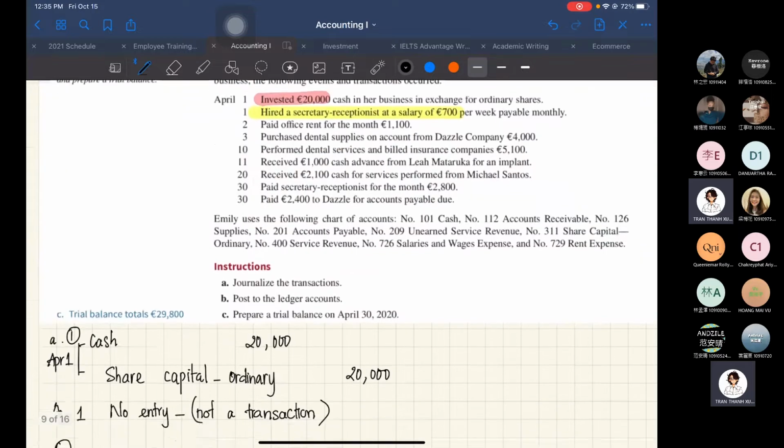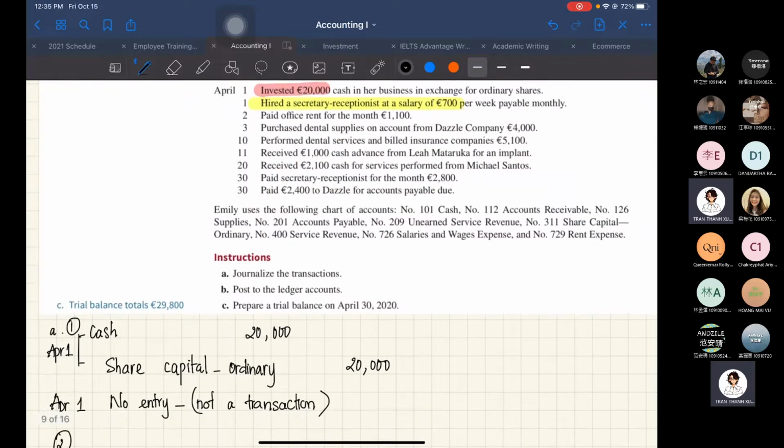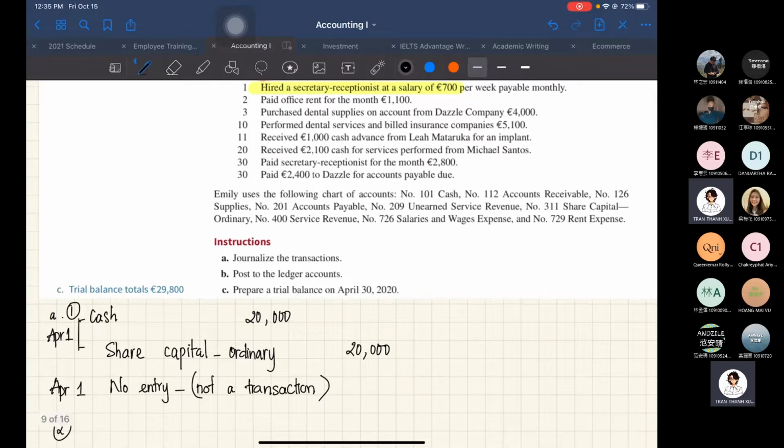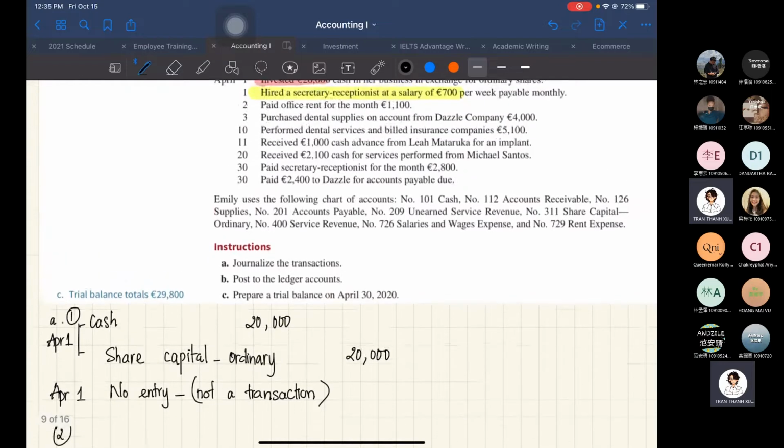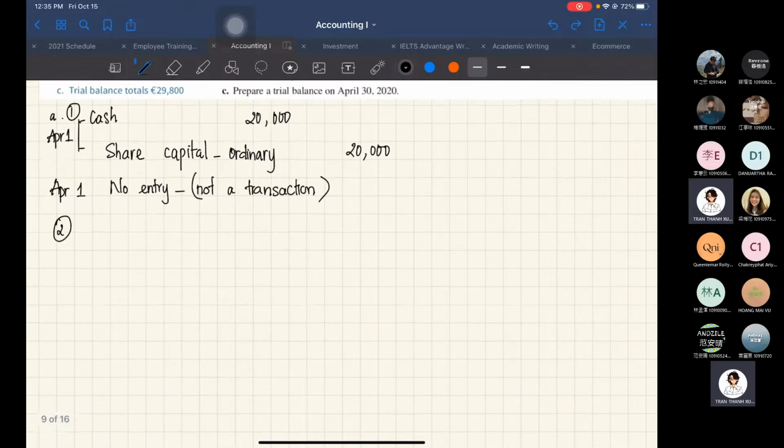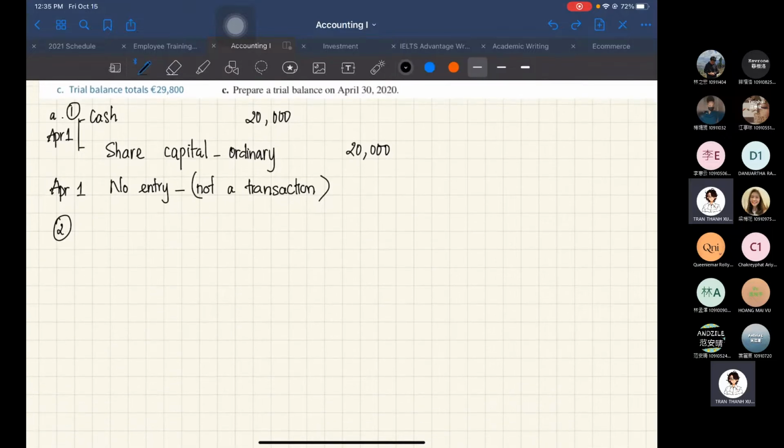Number two, paid office rent of the month. So, which account are we going to use in this transaction? What if I say I pay it on account?